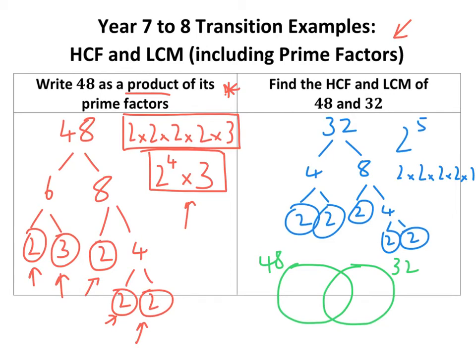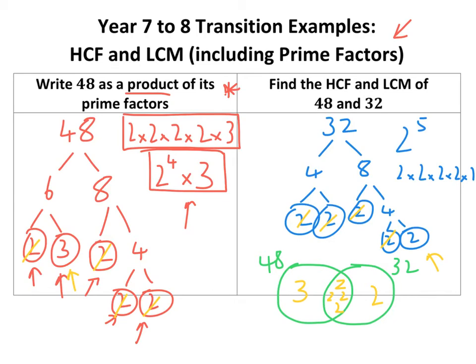So here we go, 2 will pair off with a 2, so that can go in there. 2 will pair off with another 2 in there, 2 with another 2 in there, 2 with another 2 in there, and nothing else will pair off, so I'm left with a 3 here, that 3 there, and a 2 here. Okay, so that's how I do the Venn diagram.